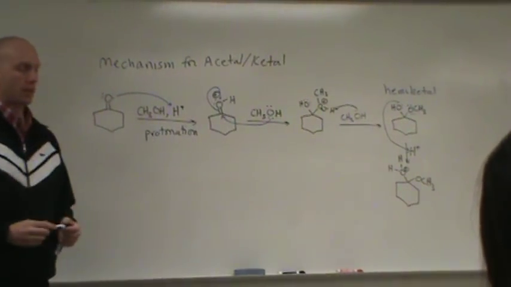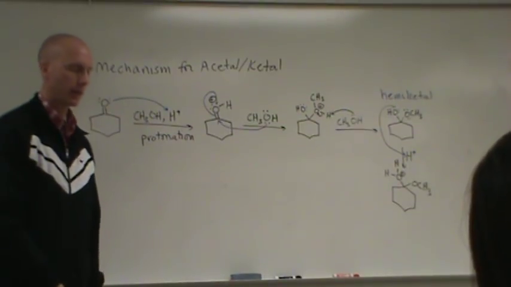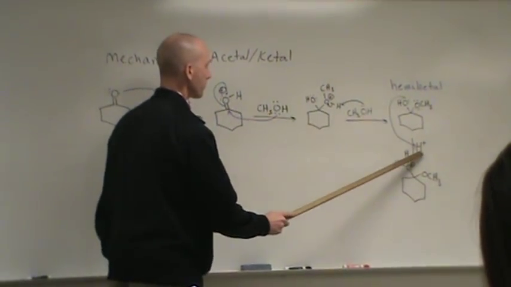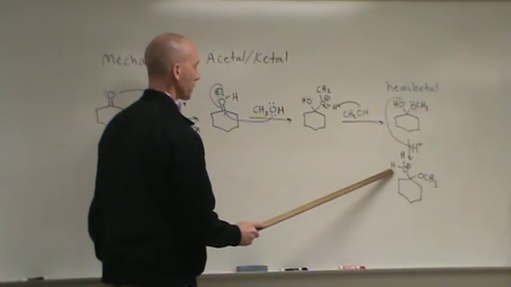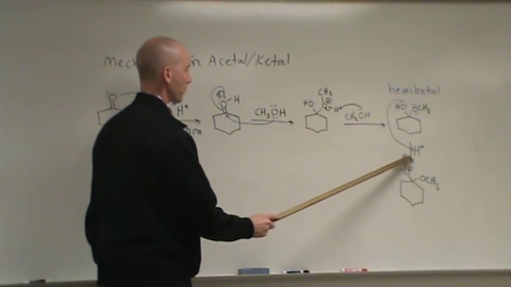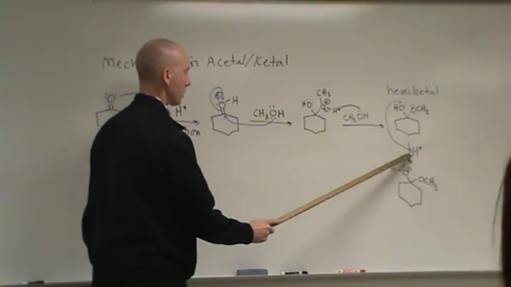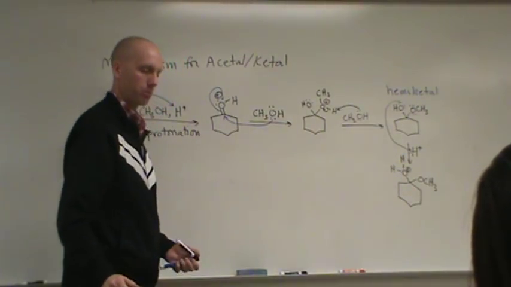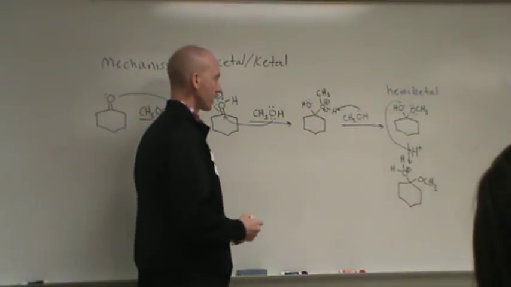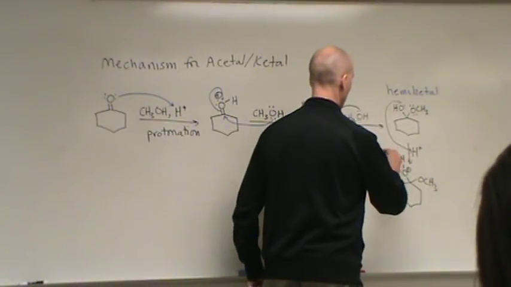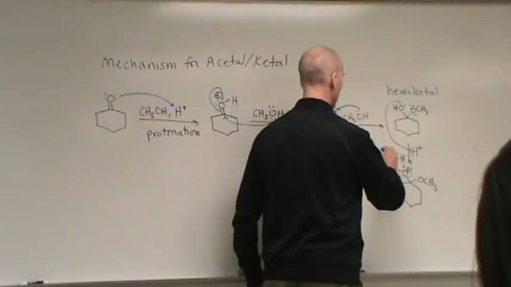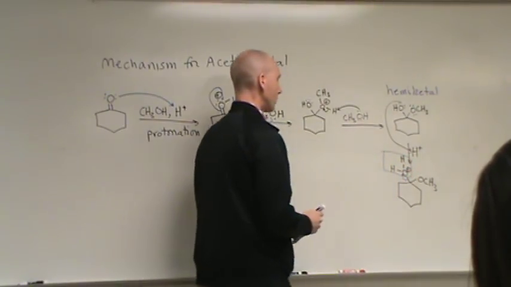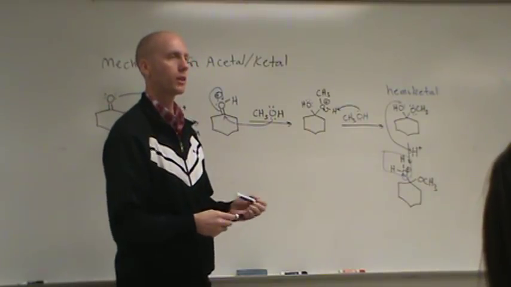So we protonated the alcohol. When we do that, what molecule do we create here? Water, which is a good leaving group. Let's go ahead and circle water. That thing wants to leave, so let's go ahead and make it leave.